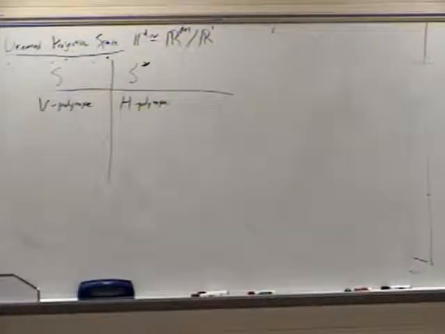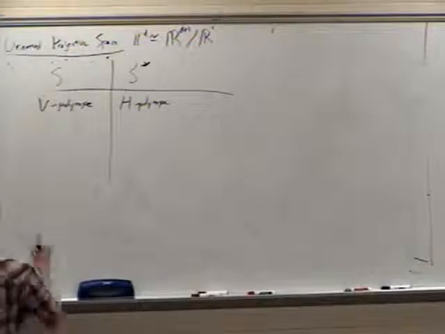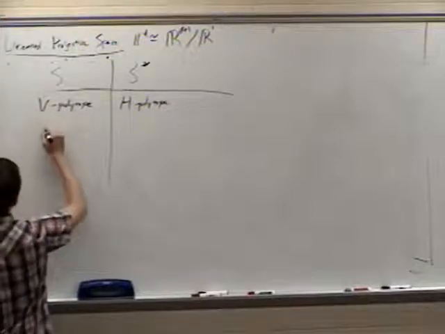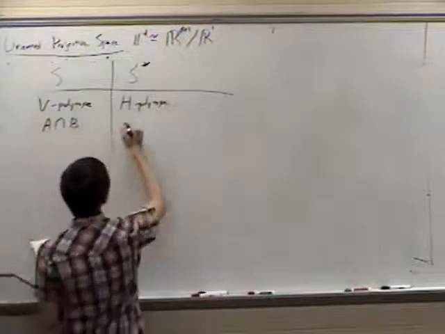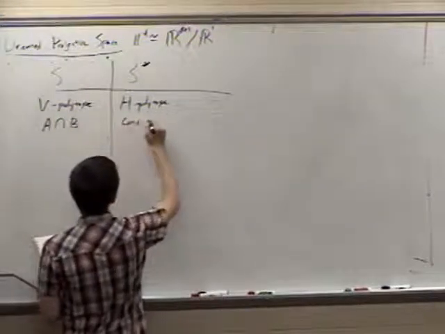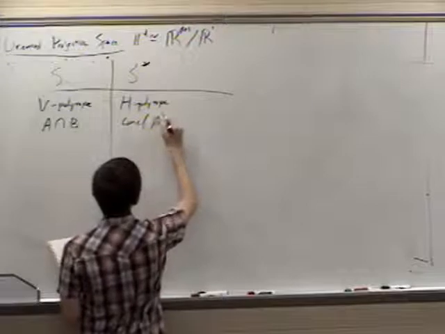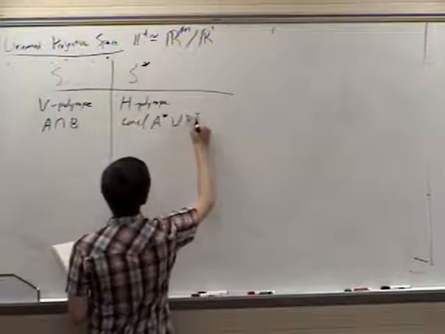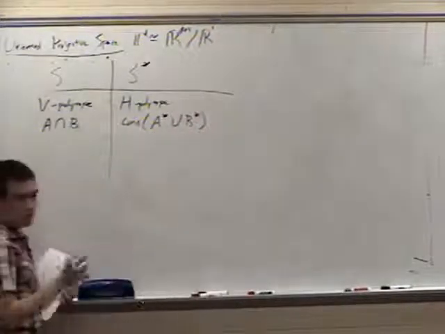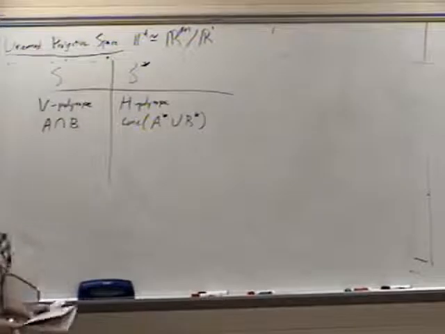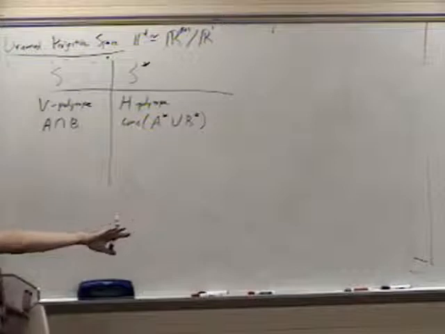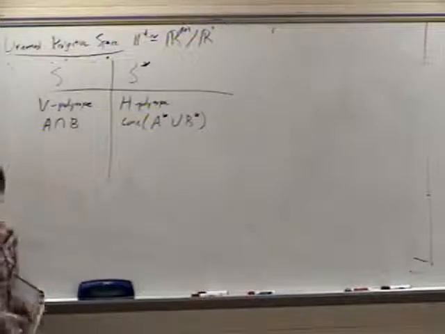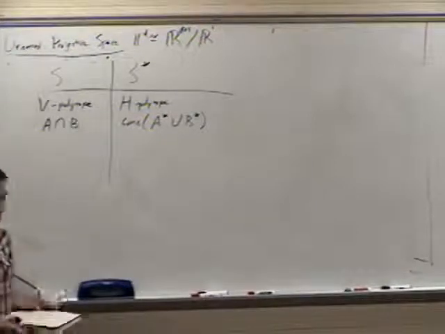And if we take an intersection of two polytopes, A intersect B, then this becomes the cone of their union. So this becomes A star union B star. In this sense, the cone is dual to intersection, which makes sense because in the case of an H polytope, you're just concatenating rows, and in the case of a V polytope, you're just concatenating columns. All right.